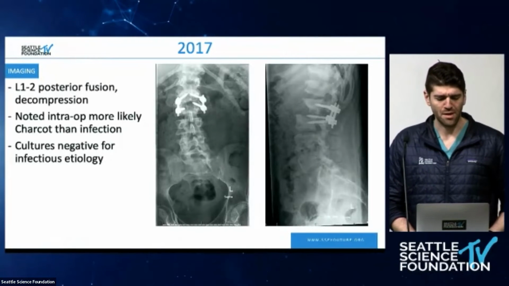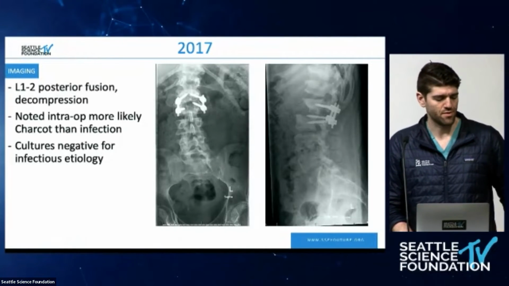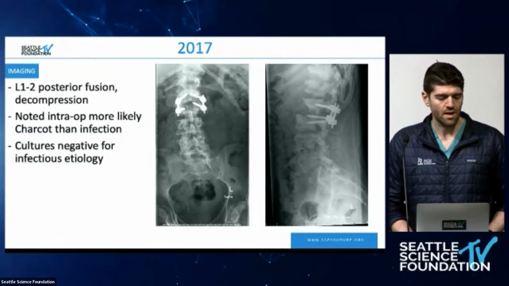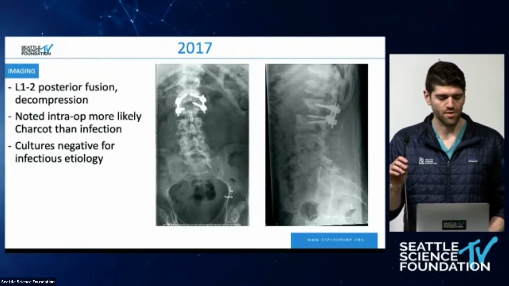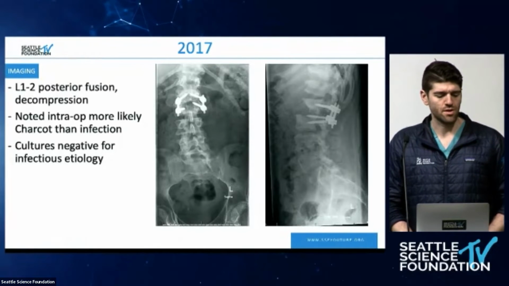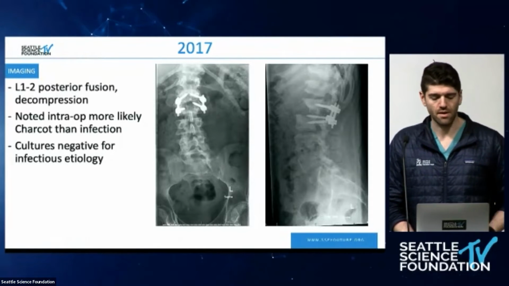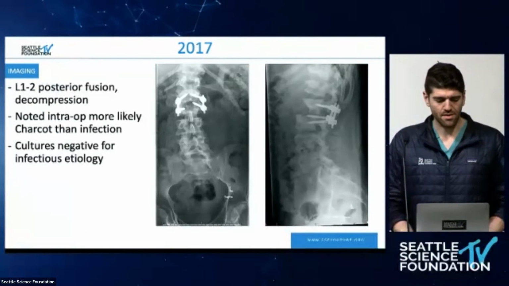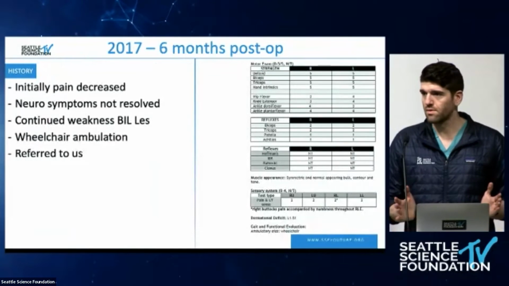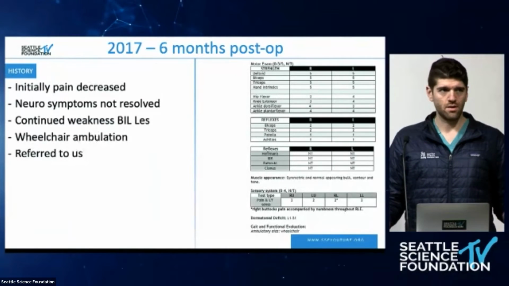So they had that L1/2 posterior decompression and fusion, and it was noted in the surgeon's op note that it was more likely Charcot than infection, and they got negative cultures out of it. So then the patient, he's wheelchair bound. Yeah.